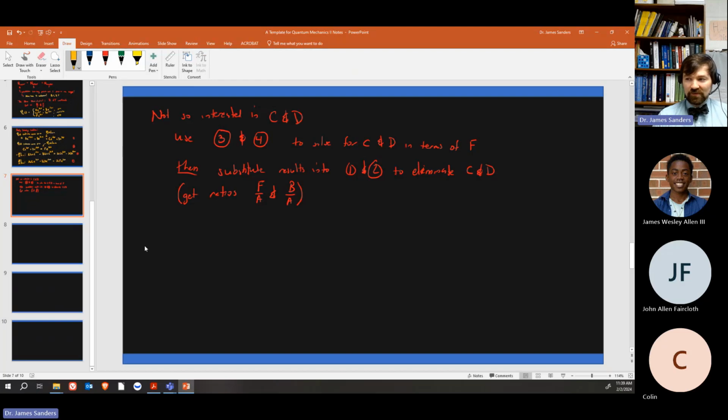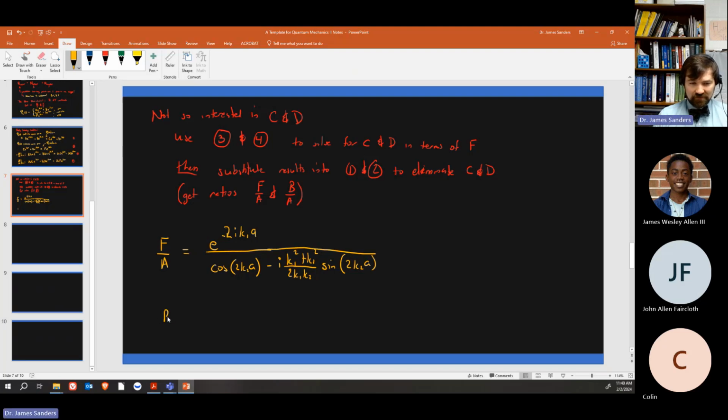And if you do all of that, what you end up with is that the ratio of F over A is e to the minus 2i k1 a, over cosine 2 k2 a minus i (k1 squared plus k2 squared) over 2 k1 k2 times sine 2 k2 a.